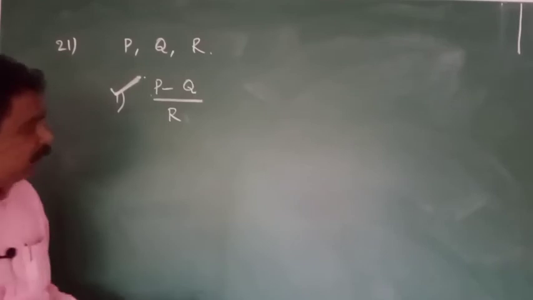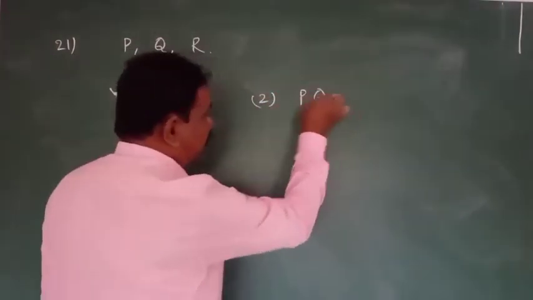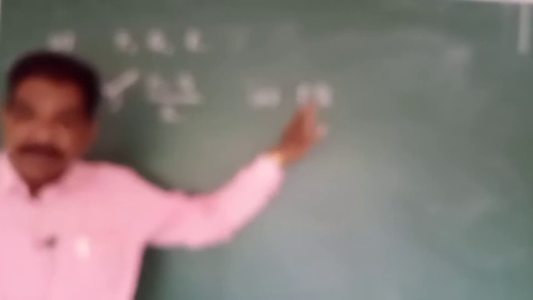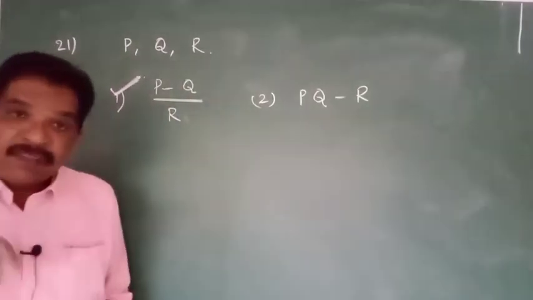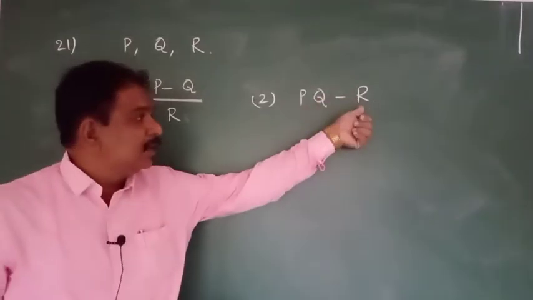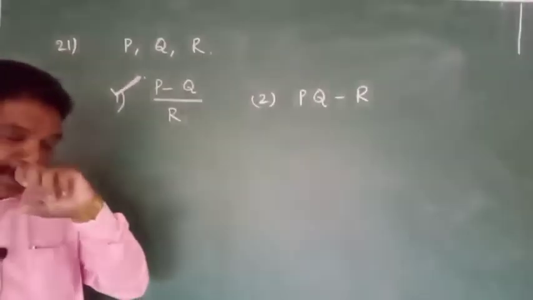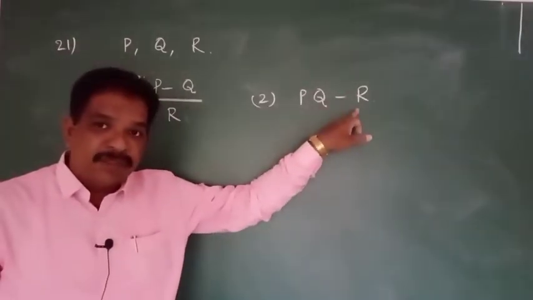Second option: if you take P, Q are different, okay? But PQ we can multiply, these two minus R. Then what will happen? There is a chance that the PQ product dimension and R dimensions may be equal.